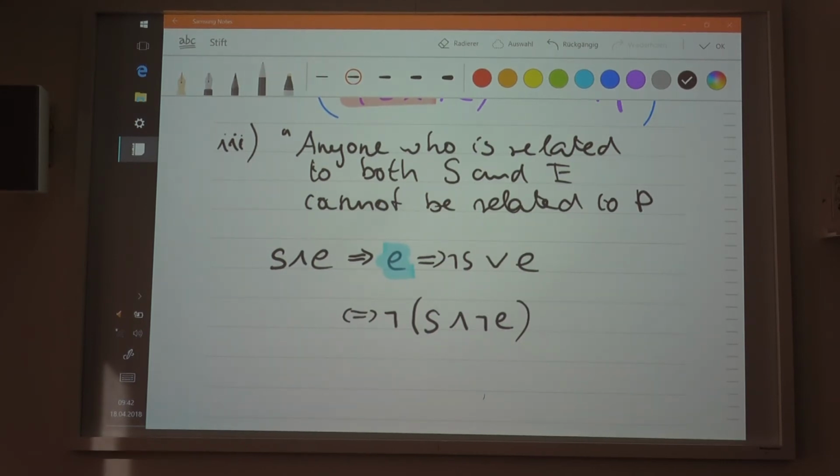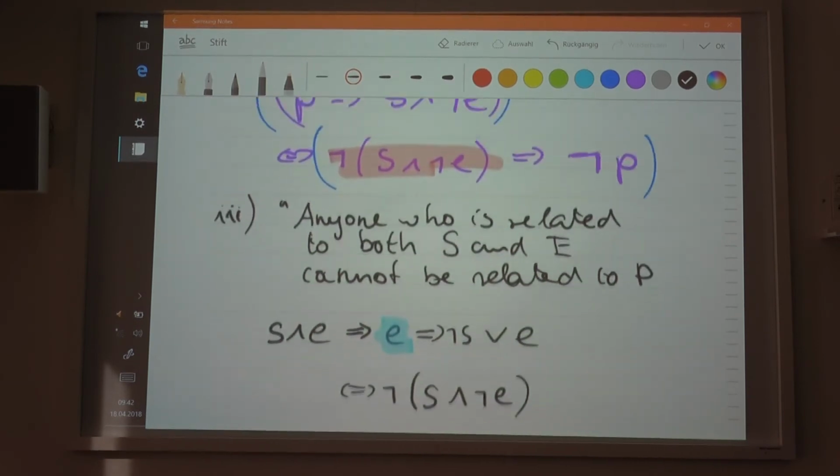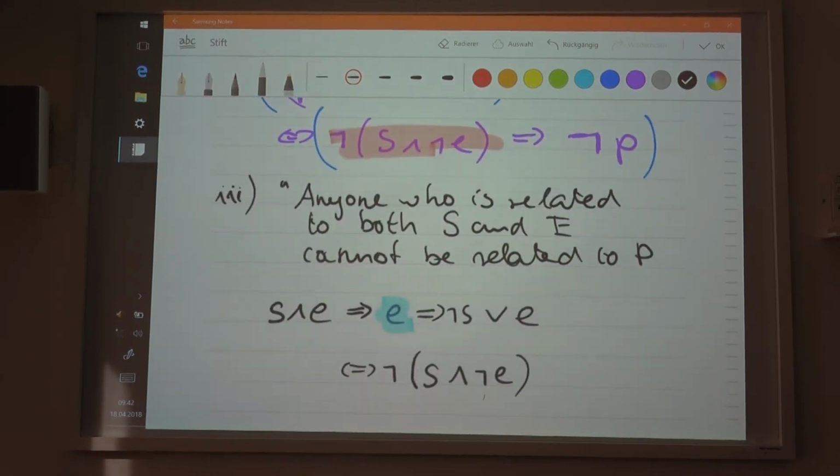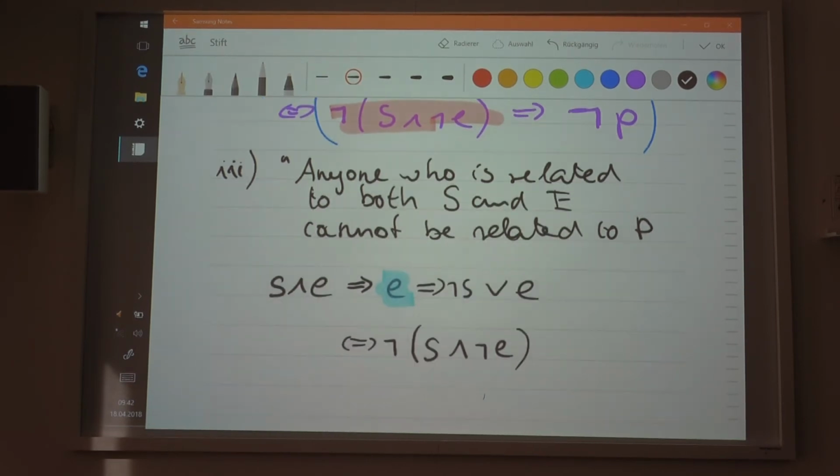And we found out in the first section, no, it was the second one, that if somebody satisfies this condition, this implies that statement P is not true.